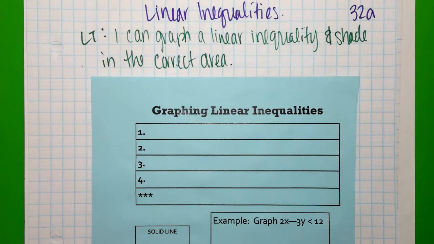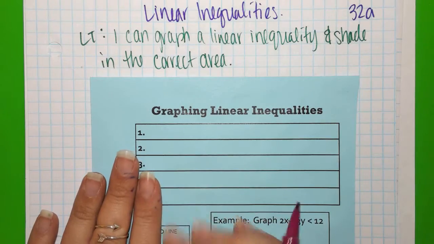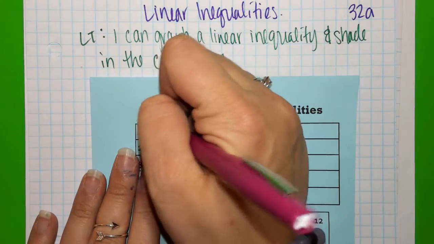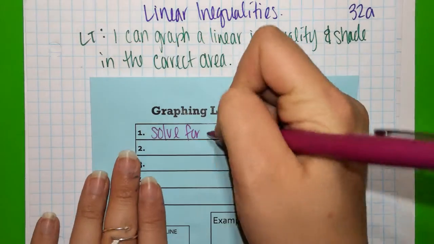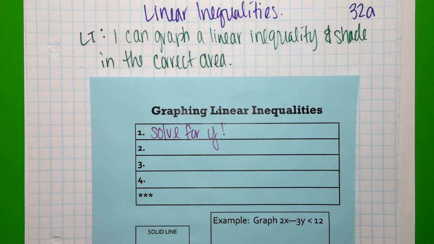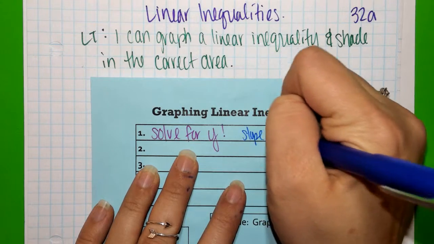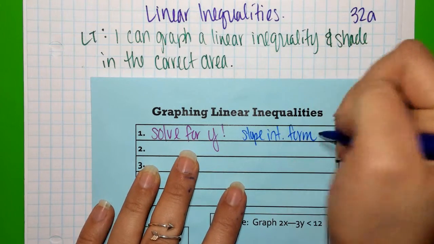Okay, so step one when you're graphing linear inequalities. Is everybody ready? Step one, you solve for y. When we solve for y, what form are we getting it in? Slope-intercept form.